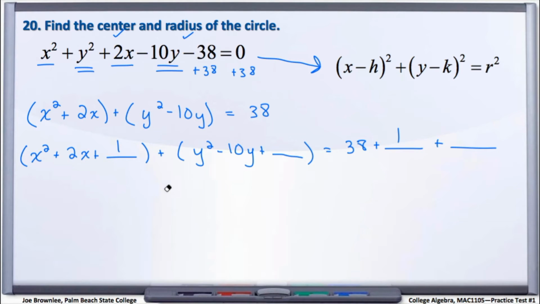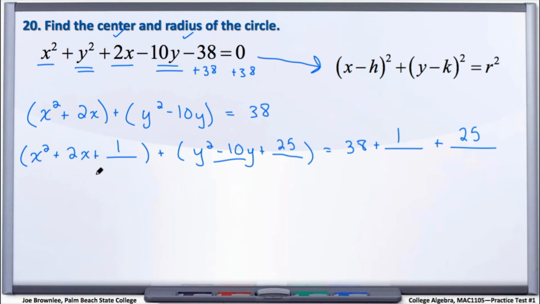Now we're going to do the same thing with our y's. What is half of the middle term here? Well, half of negative 10 is negative 5, and then negative 5 squared is positive 25, so we have to add 25 to the left, add 25 to the right.